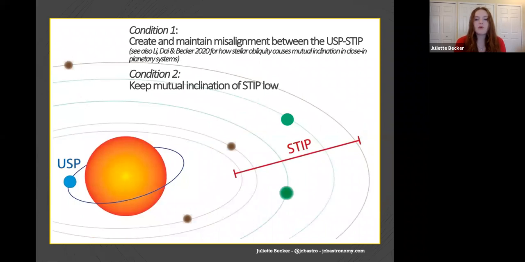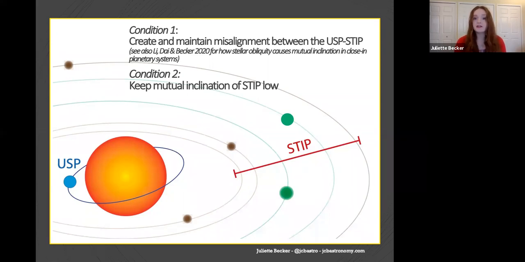If we want to create a system that looks like this, there are two conditions that we have to meet. First, you have to somehow create the misalignment between the ultra-short period planet and these STIPs. If we're operating under the assumption that these planets all formed in a protoplanetary disk, there would be no native misalignment between them. So some other process would have to cause that after the planets formed.